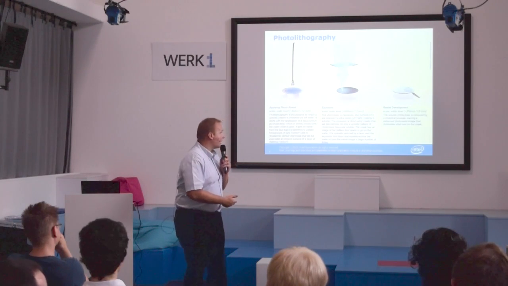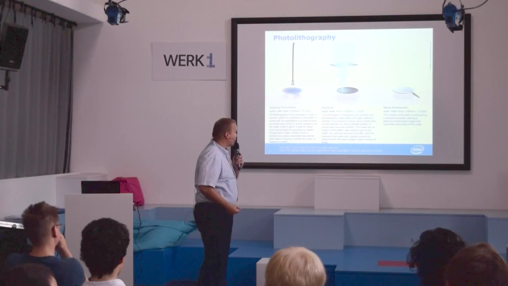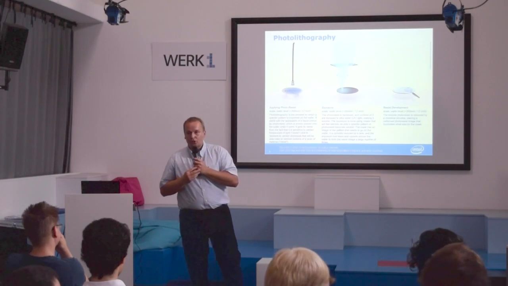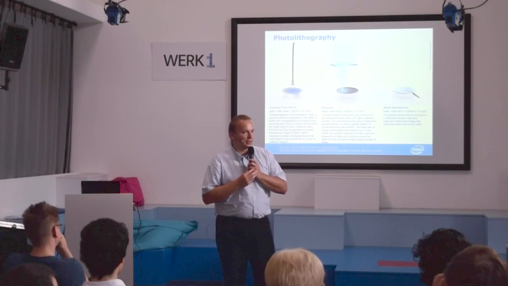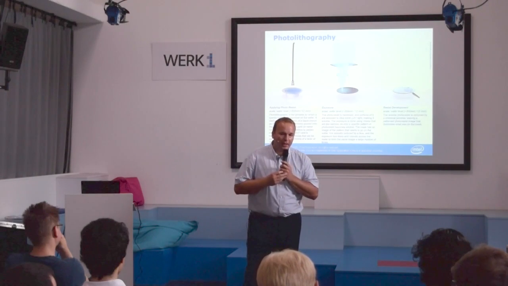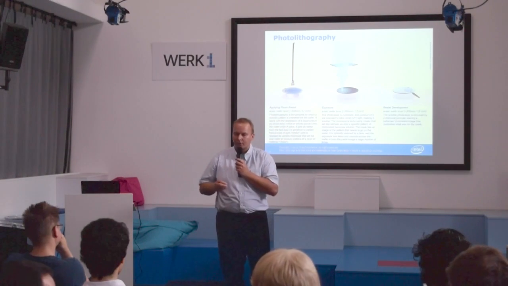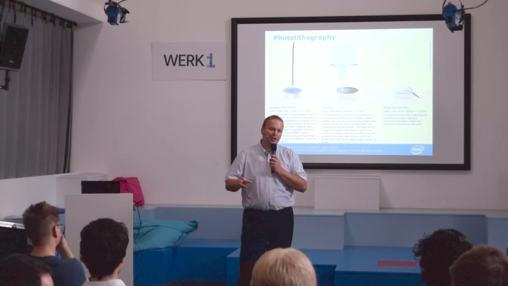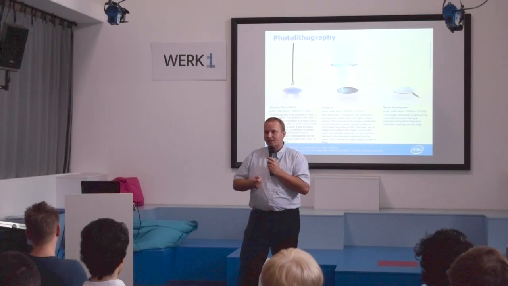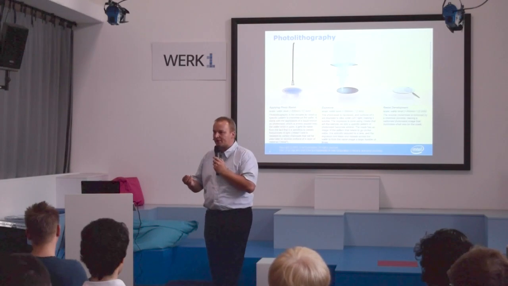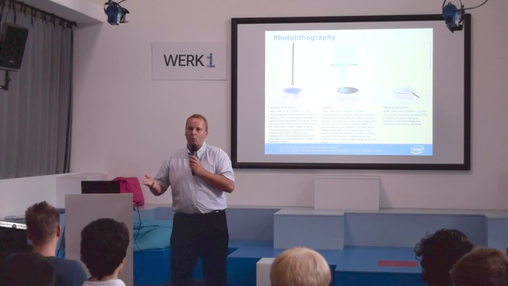So one of the first steps is applying photoresists. The reason we do this is they get exposed with light later on, and then parts of the photoresist that were exposed with the light might harden, and the parts that were not exposed with light might still be soft and be washed away.